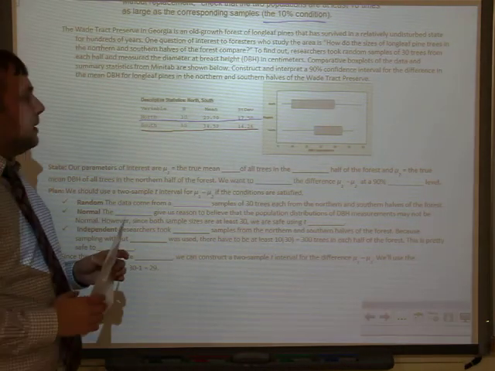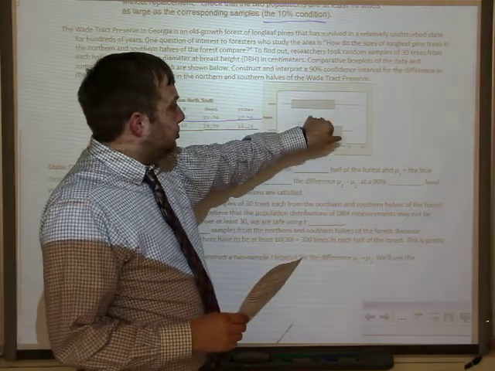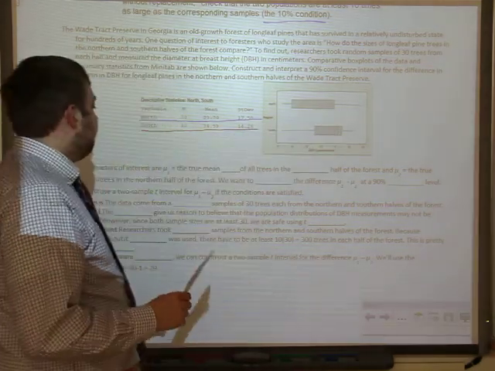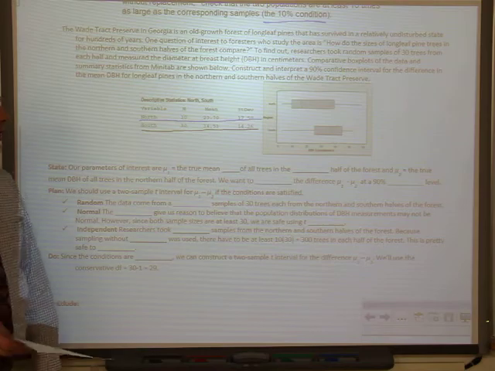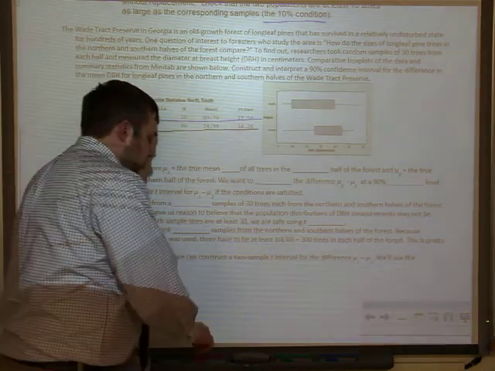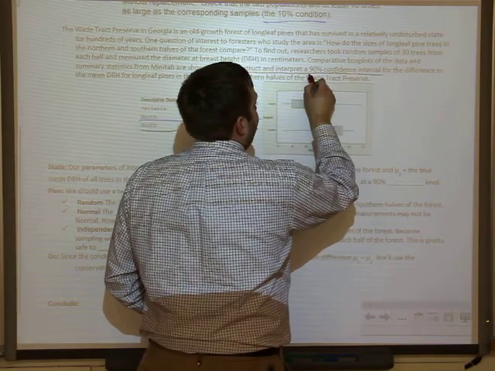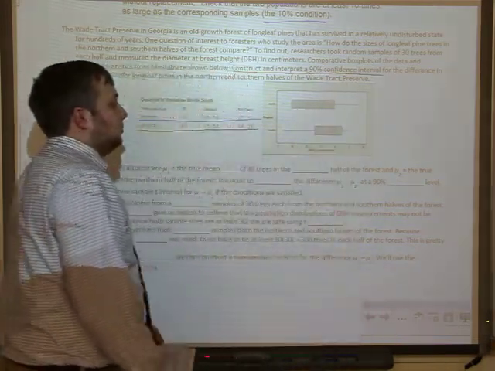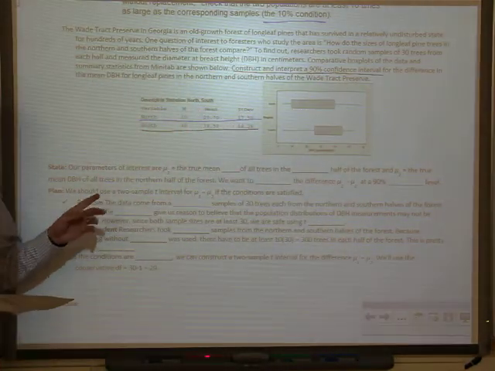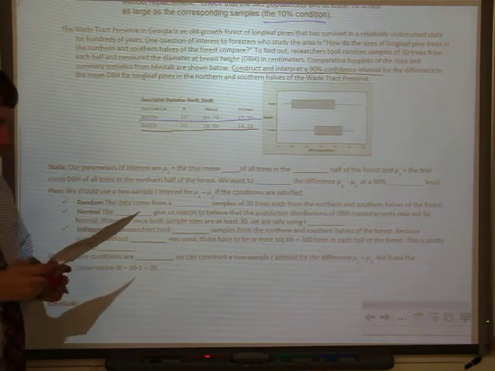And then they did a dot plot of north and south. So we're going to construct and interpret a 90% confidence interval. First, how do we state confidence intervals?